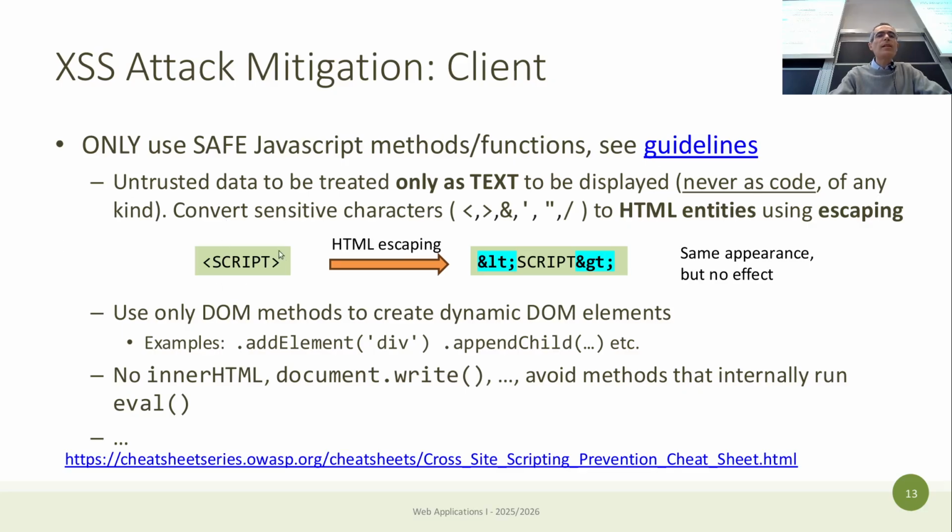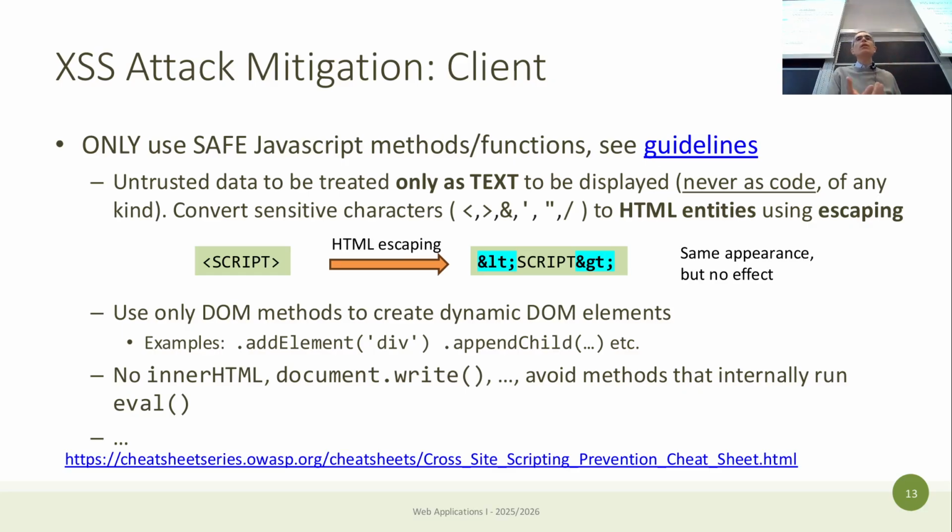So, for instance, you get this script, less than script, greater than sign. How can we prevent this content to be executed, but be able to show it in any case? Because let's say we are in an application where we are teaching how to develop HTML.